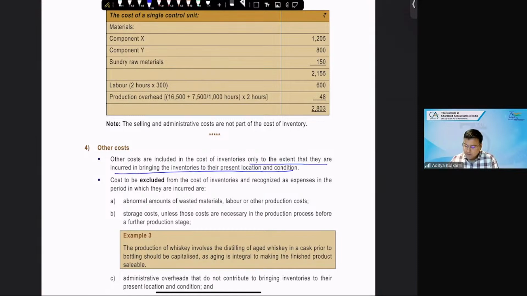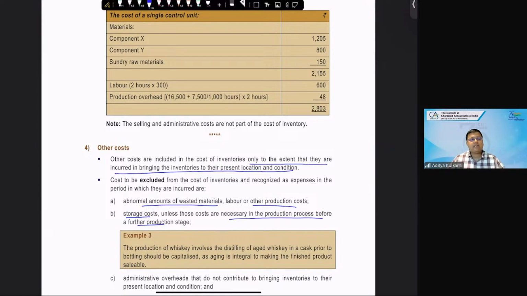Nothing apart from this. What am I going to exclude from the cost of inventories and recognize as expenses? Abnormal amounts of wasted materials, labor or other production costs are excluded. Storage costs you exclude unless they are necessary in the production process before a further production stage. Typically in wine and liquor manufacturing entities, the aging is critical to the quality of the product.